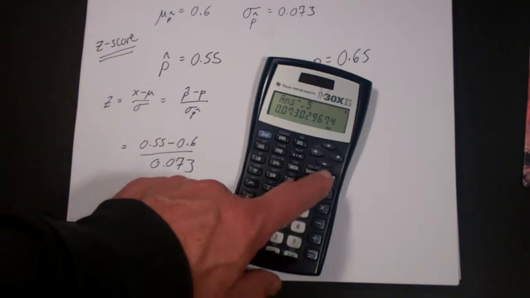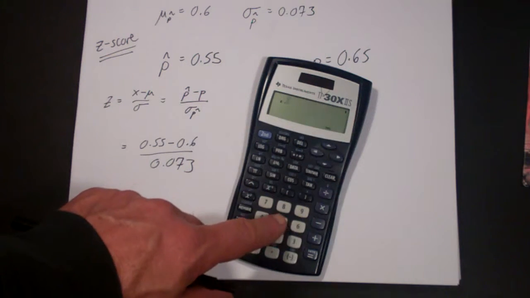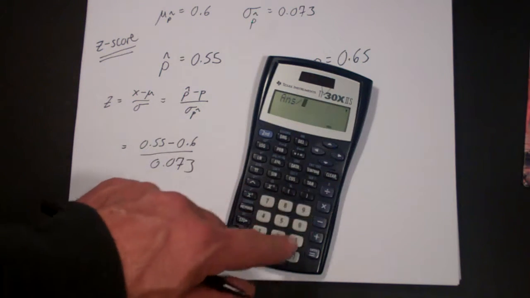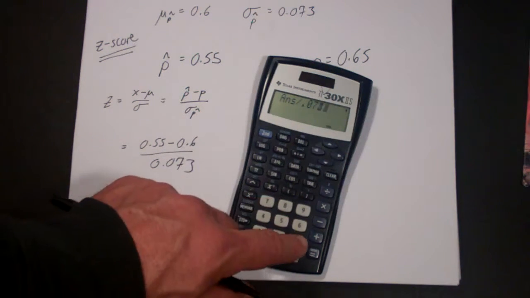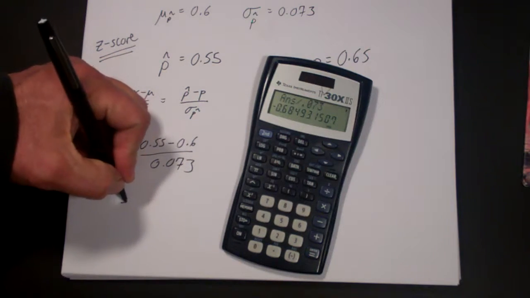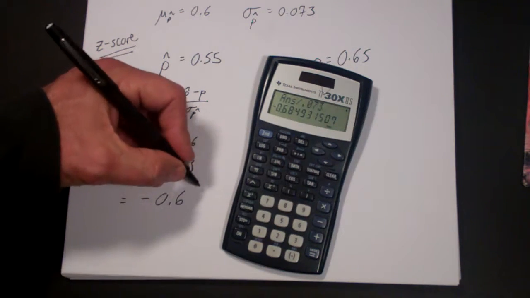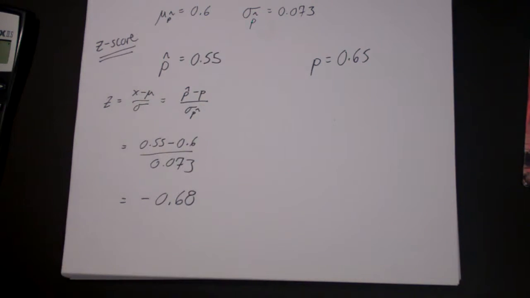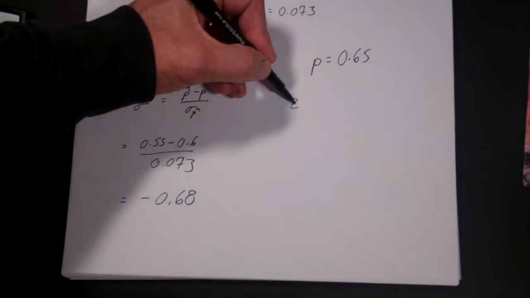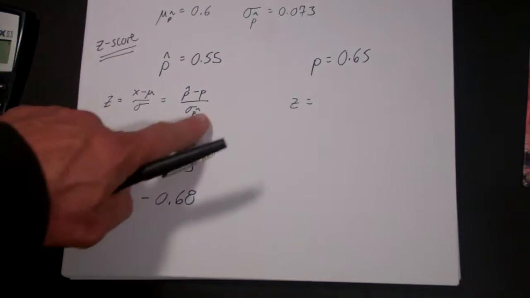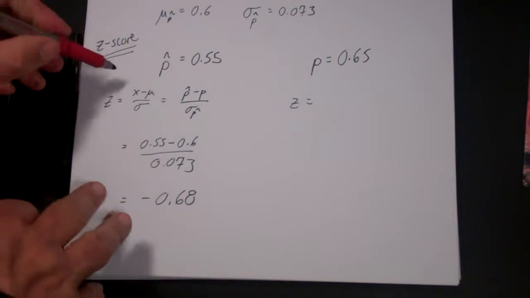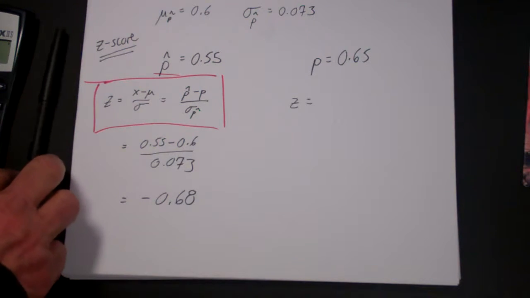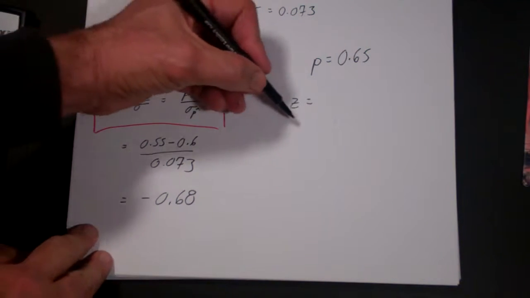So let's do that on our calculator. 0.55 minus 0.6 divided by 0.073, and I get minus 0.68. Let's do the same thing with 0.65. So you use the same formula, right? You don't have to memorize this formula right now. If you use this with your notes, you'll do these problems enough so it becomes second nature to you.